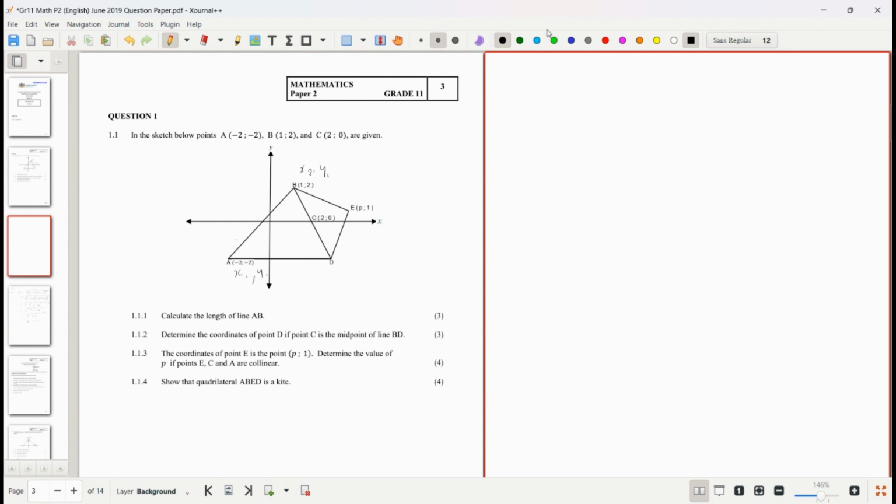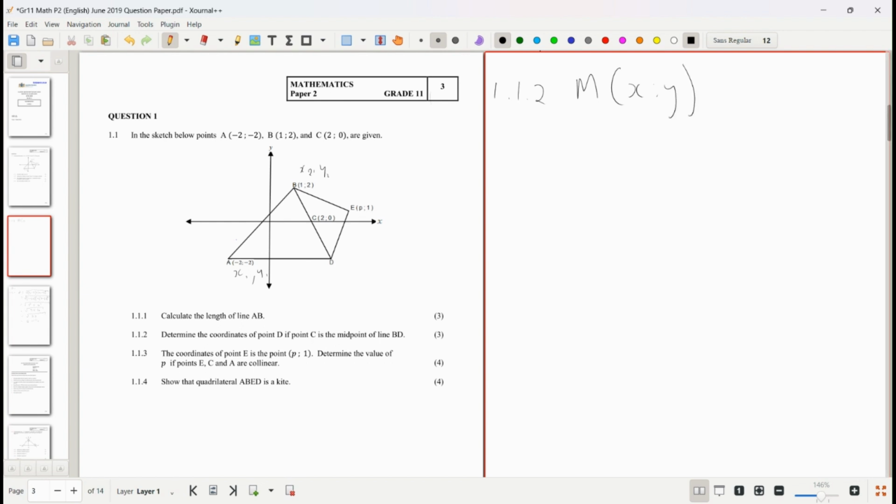So what do we know? We know the midpoint formula, right? I also suggest that you memorize this formula, because you may get this formula or not. The safe thing to do is to memorize it.